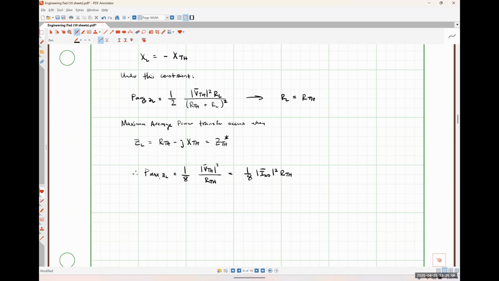For what it's worth, that factor of 1/8 is literally just this extra factor of 1/2 multiplied by the 1/4 that we had from the DC analysis.